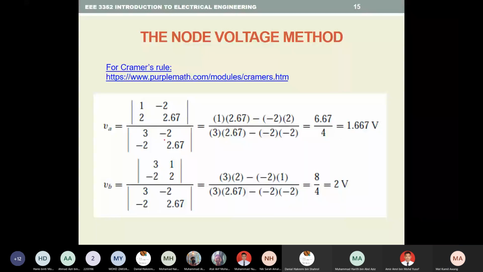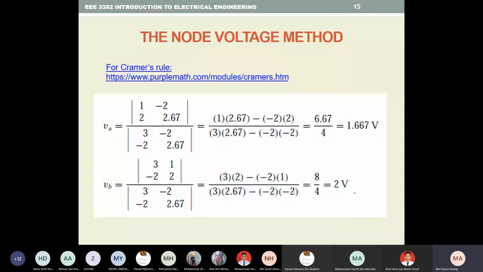For VB, the coefficient for VA stays, and you replace the coefficient of VB with the 1, 2 here. And you divide by the determinant of the matrix. So you get 2 volts. So this is how you use Cramer's rule to solve the problem. If you have 3 by 3, then you have a 3 by 3 matrix.